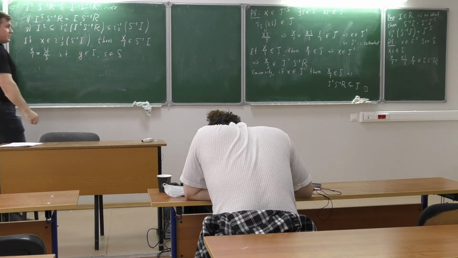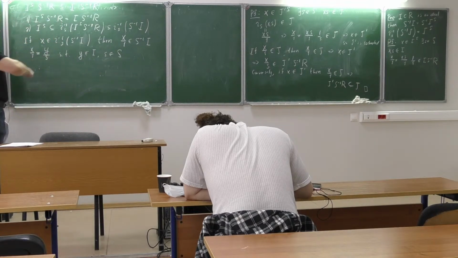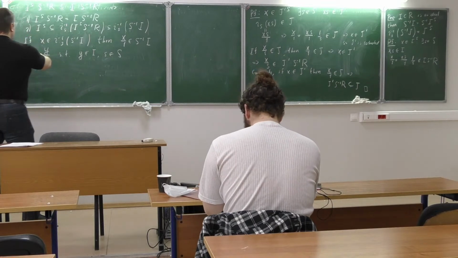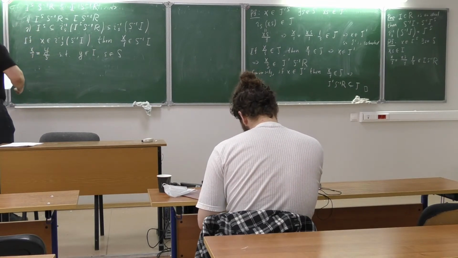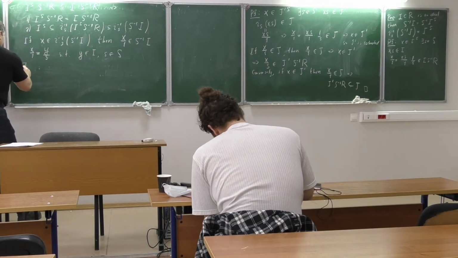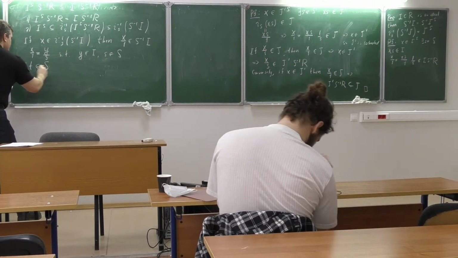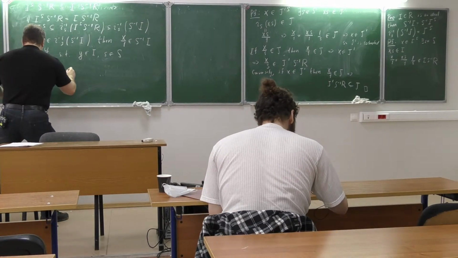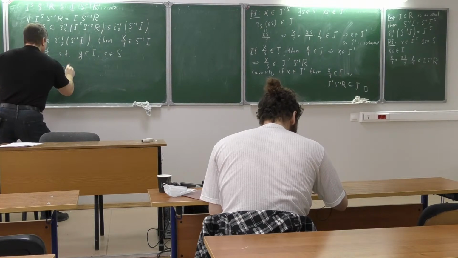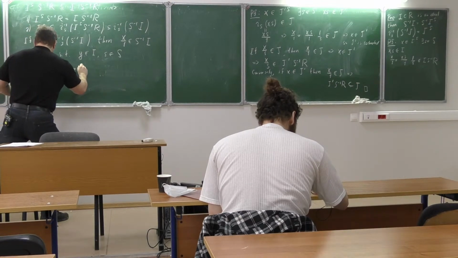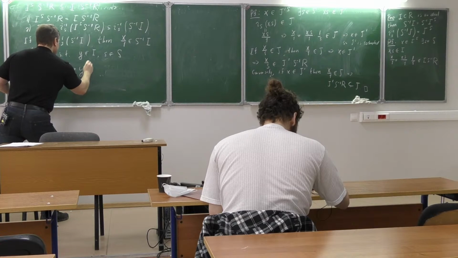So all elements in the localization, we know that they have this form. So in particular x over 1 has this form. Now we just use the property that the two fractions are the same. It means that there is an element t in the multiplicative set S, such that xst is equal to yt.